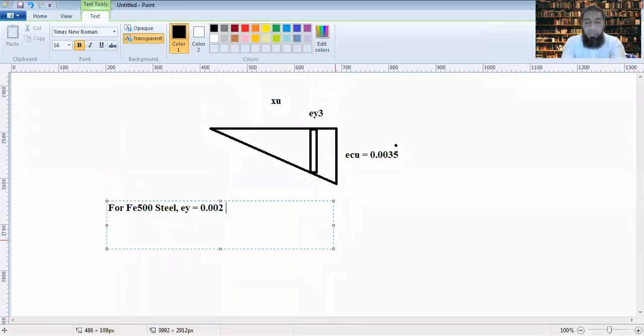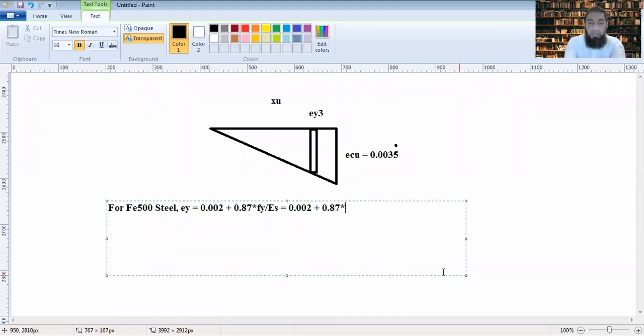0.002 plus 0.87 Fy divided by Es is the strain in steel. That is 0.87 into 500 divided by 2 into 10 raised to power 5.